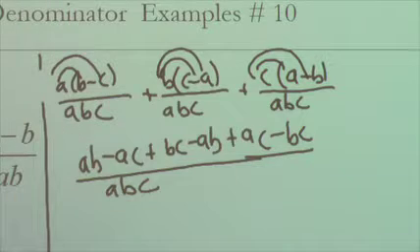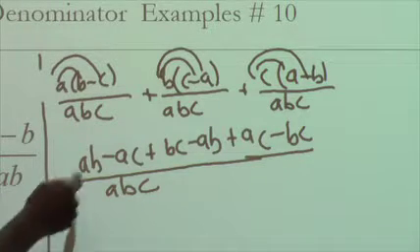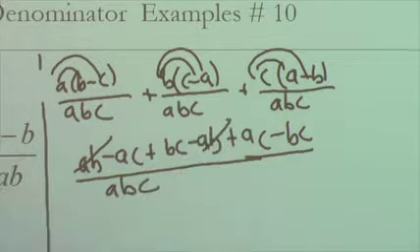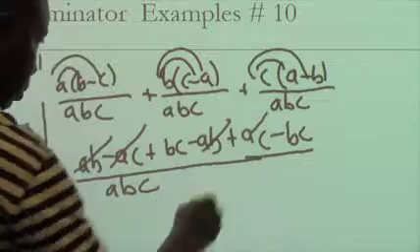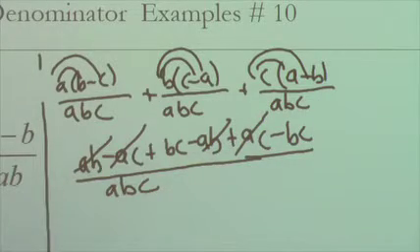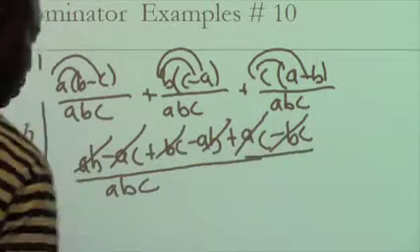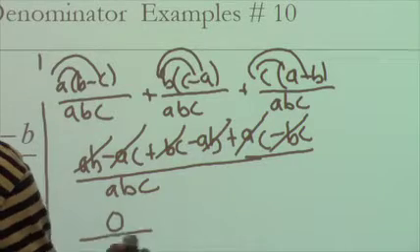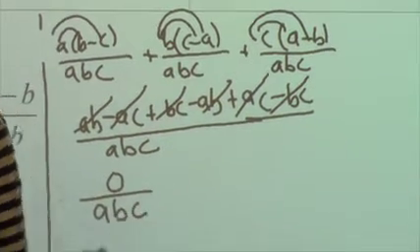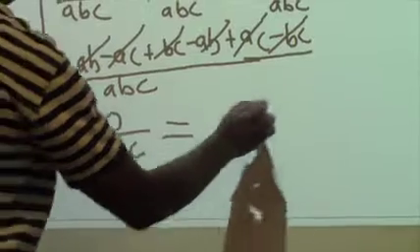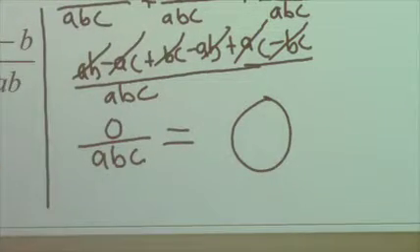CB is the same thing, I could just stick to the convention of calling it BC. Well, I see here that AB minus AB will be 0. AC minus AC will be 0. Likewise, BC minus BC will be 0. So my numerator becomes 0 over ABC, and 0 divided by anything is 0. So our solution here is 0.